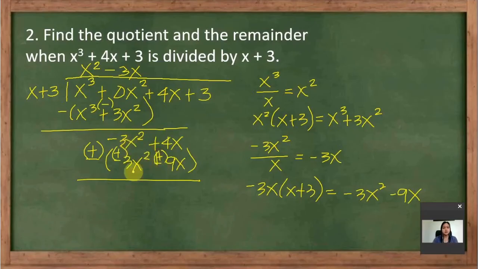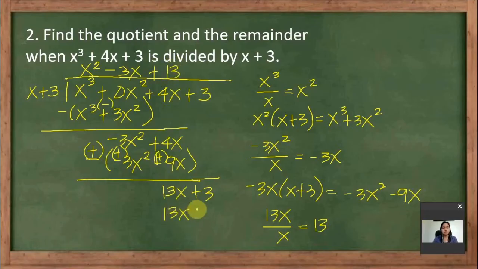This is 0, negative 3x squared plus 3x squared is 0, 4x plus 9x is 13x, then bring down plus 3. Then 13x divided by x is just 13, so we'll write here plus 13. Multiplied by x plus 3, this is 13x plus 39.